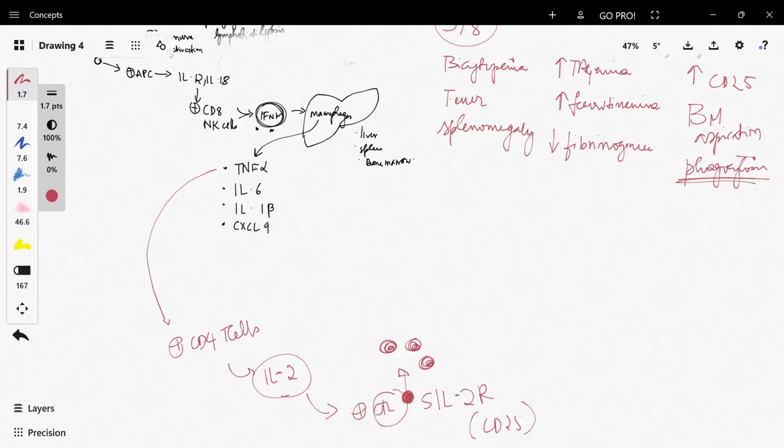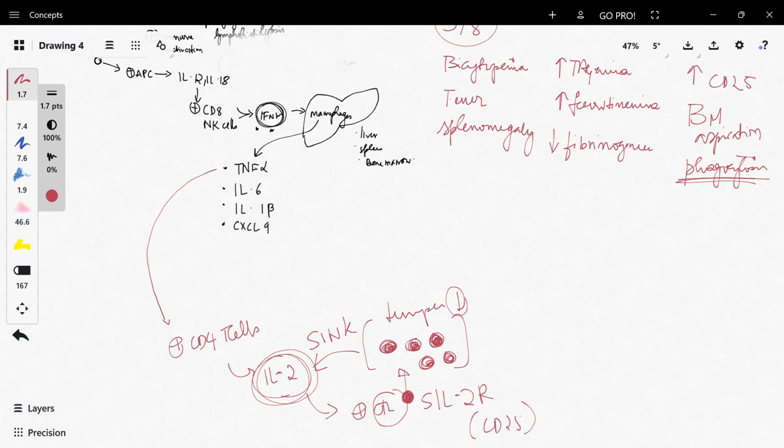And it's in the blood, and that's how it acts as a marker of inflammation, and it aids in the diagnosis of HLH. Now, why is this important? Why do we need to understand why this thing is falling off? It's because it acts as a sink for IL-2. It's trying to temper down the inflammation by binding IL-2, and it also acts as a marker, so that's pretty cool.